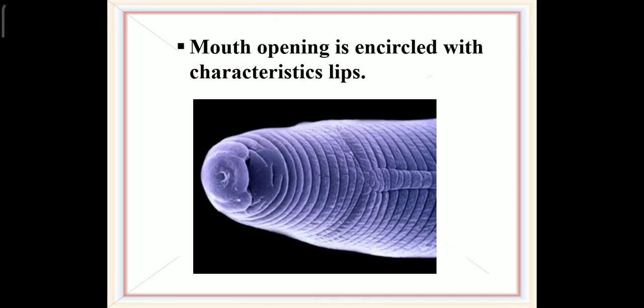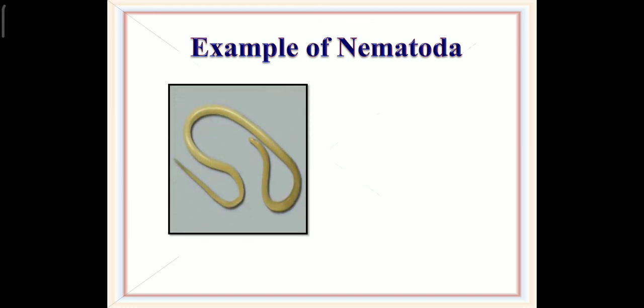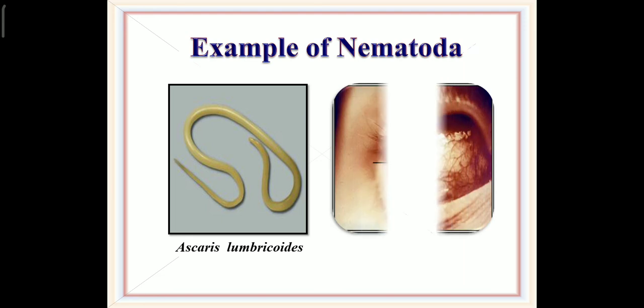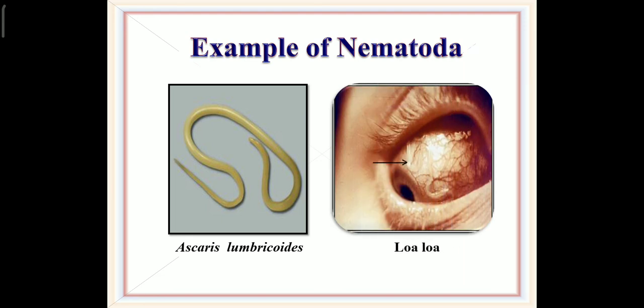The mouth opening is encircled with characteristic lips. Now, some examples of animals belonging to the phylum Nematoda. This is Ascaris lumbricoides, which is also commonly known as roundworm, and this is Loa loa.